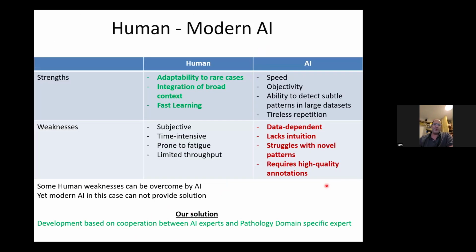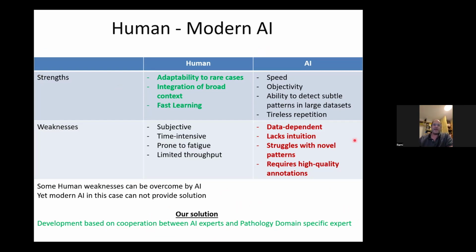So when we think about humans and modern AI techniques, there are clear strengths to humans relative to AI. No AI technique works in the fashion that an expert pathologist works. They are not given few examples, few sentences to describe what is so special about Hirschsprung disease, and then let the computer figure out what is going on.